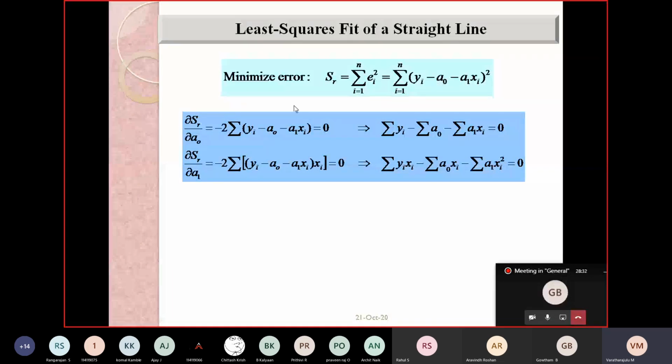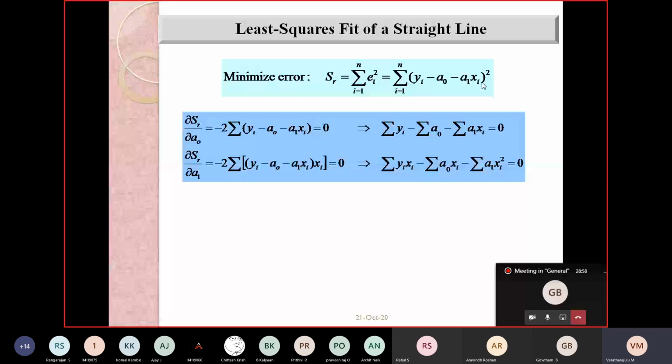Therefore, minus 2 into the summation. Again, I am doing the partial differentiation over a1, and similarly this has to be taken as x, so differentiating x square we get 2x, and the term considered as x has to be differentiated again.